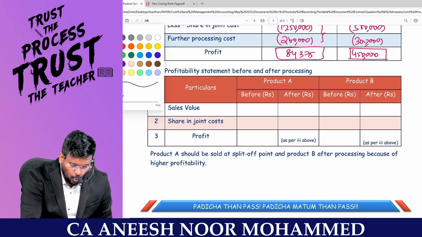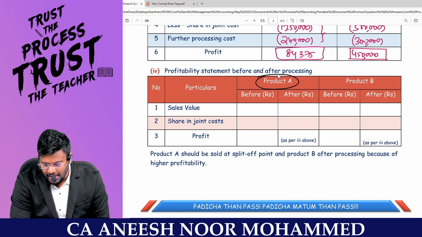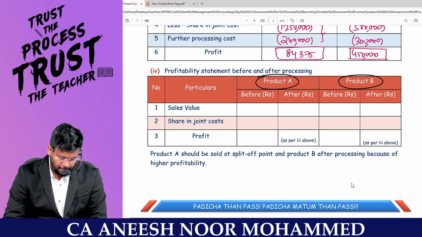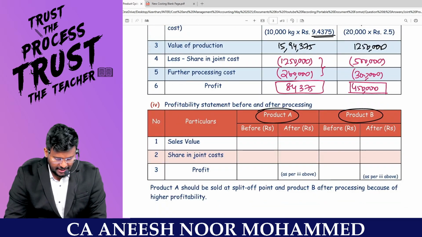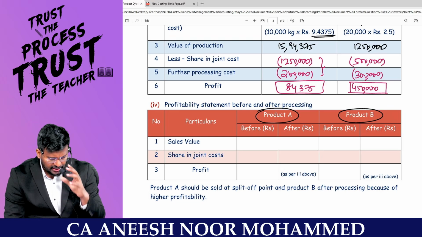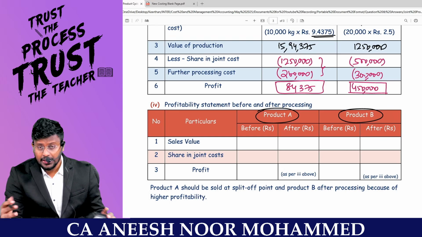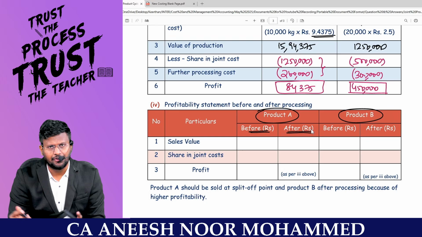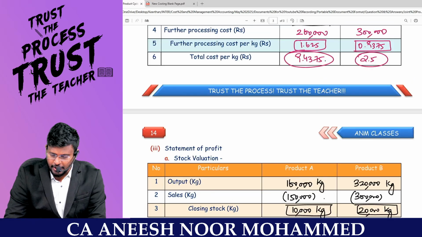Now I am going to take a decision. Is it better for product A to further process or to sell at the split off point itself? My dear lovable students, I am considering the entire product, not the closing stock I am having. First I will tell before further processing, then I will move into after further processing. If it is before further processing, I will be selling at the split off point itself.